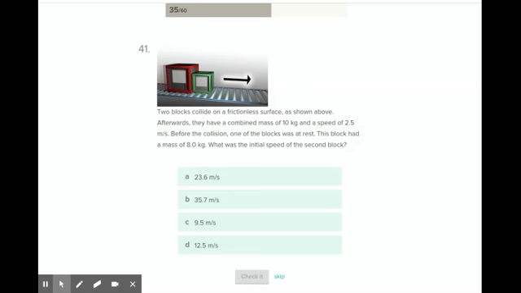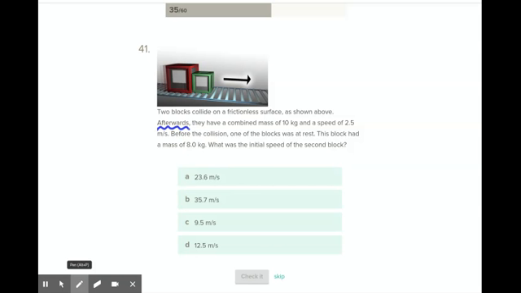Two blocks collide on a frictionless surface as shown above. Afterwards, they have a combined mass of 10 kg and a speed of 2.5. So, remember, it's afterwards. Okay? Before the collision, one of the blocks was at rest. This block has a mass of 8 kg. What was the initial speed of the second block?